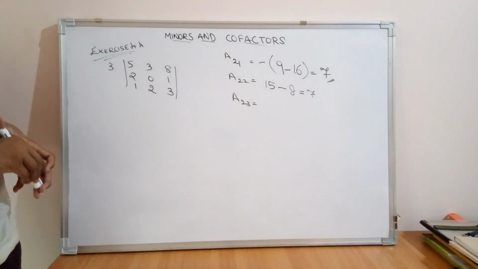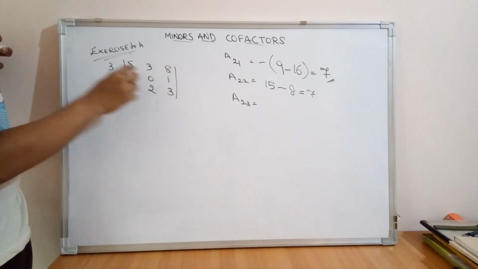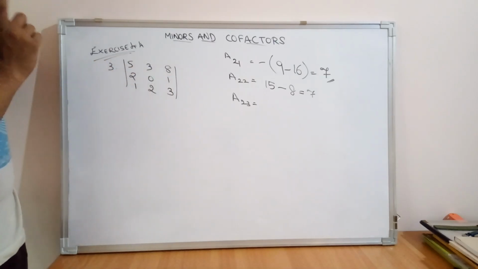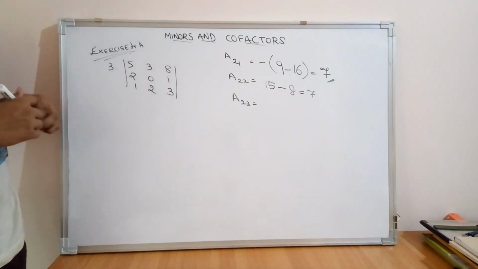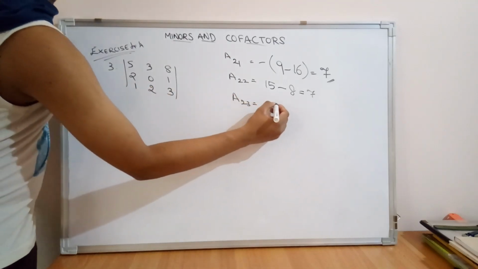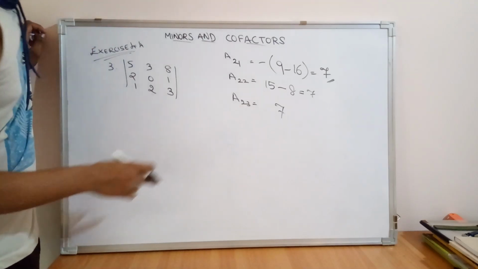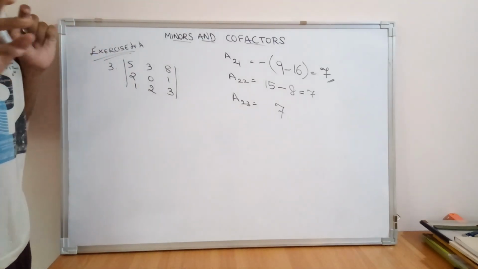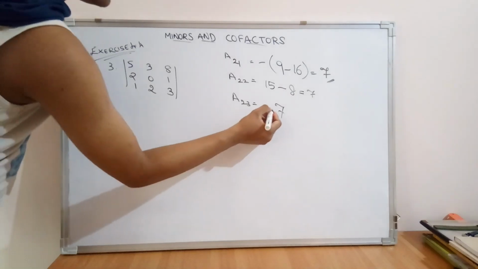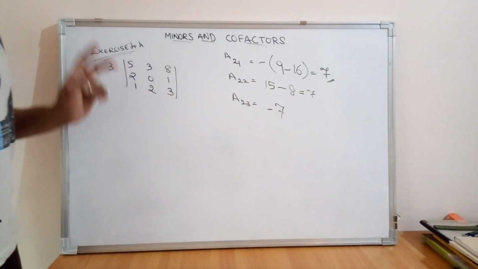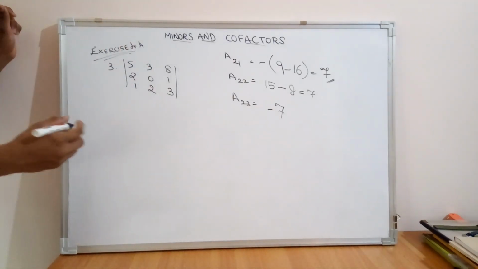Now we have a23. a23 is going to be 5 into 2 is 10, 10 minus 3, 7. Okay, we forgot to take the minus sign here. So 2 plus 3 was 5, so minus 1 whole raised to 5 is also minus 1. Therefore one minus sign appears here. That's all about finding the cofactors.